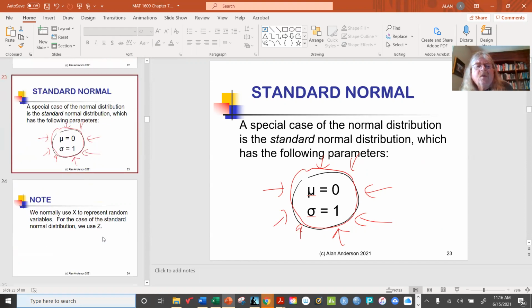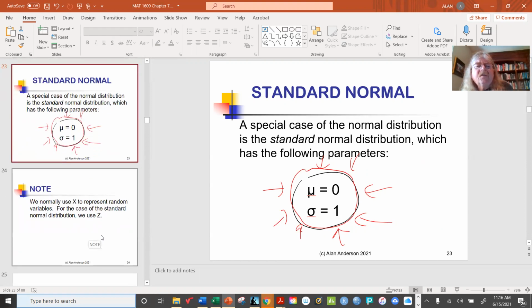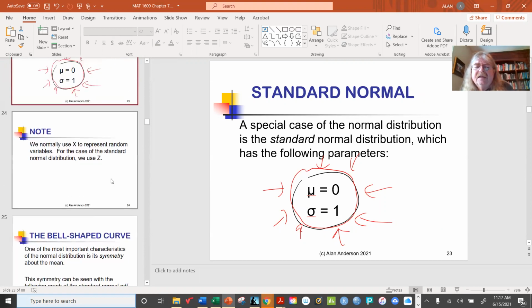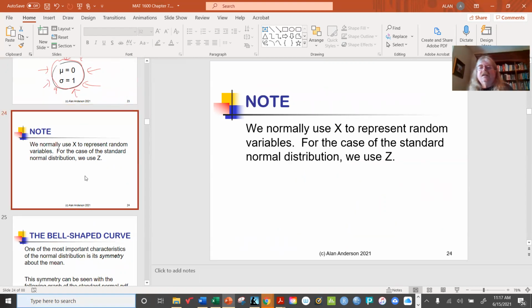Now, here's another important detail. As far as terminology goes, or notation, the letter X can be used to represent any random variable, but we reserve the letter Z to represent the standard normal distribution.